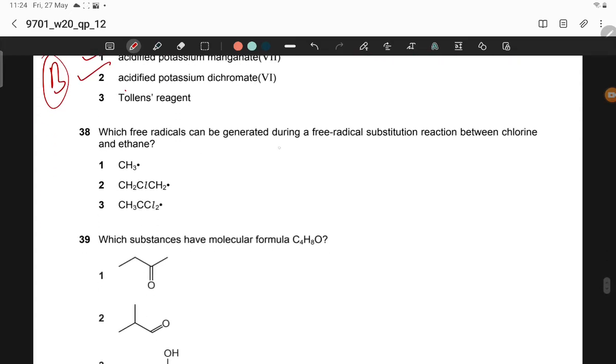Which free radicals can be generated after a free radical substitution reaction between chlorine and ethane? CH3 is not possible. CH2 because there is ethane. This is correct, and CH3CCl2 is also correct. So if 2 and 3 are correct, option is C.